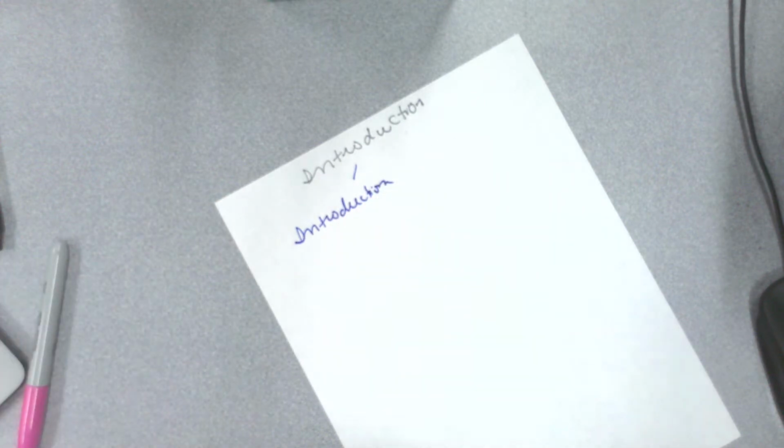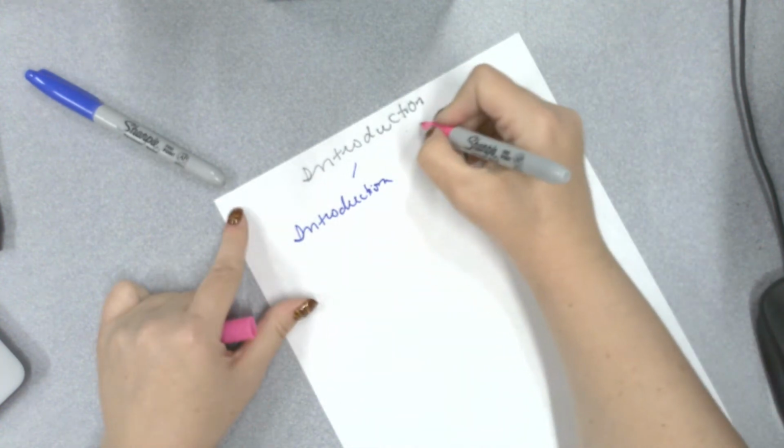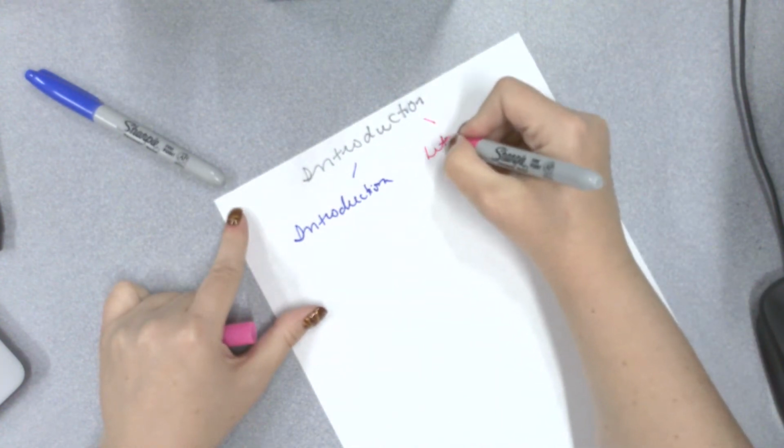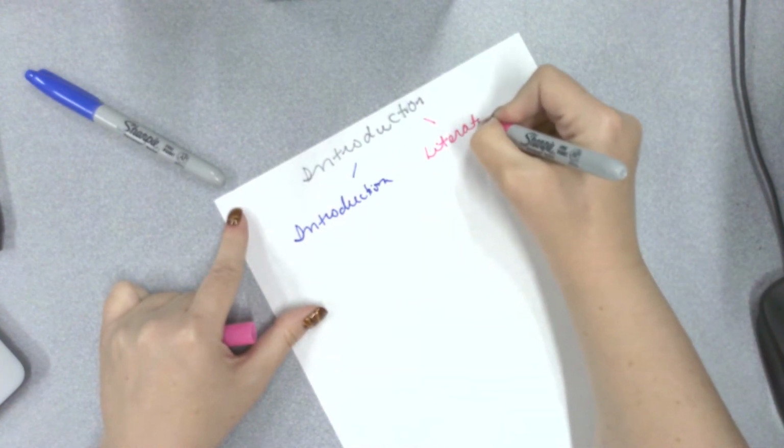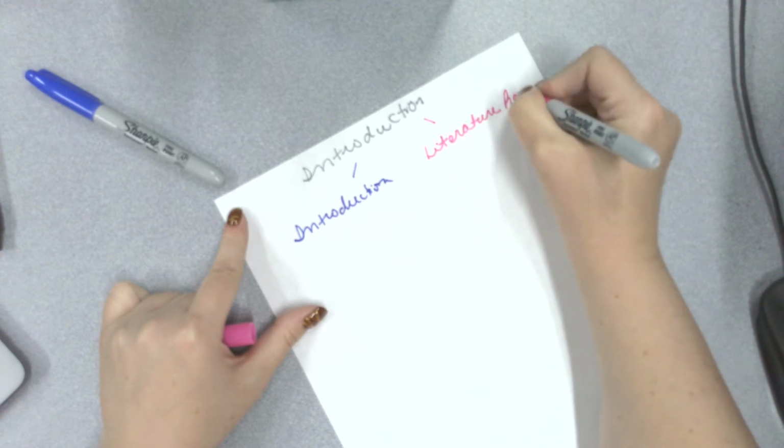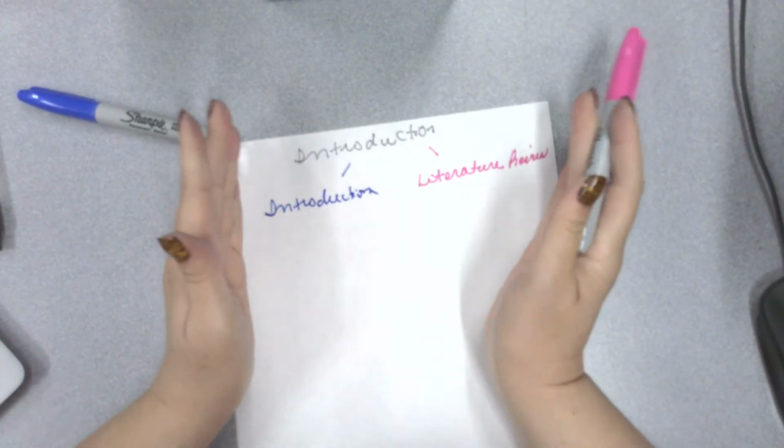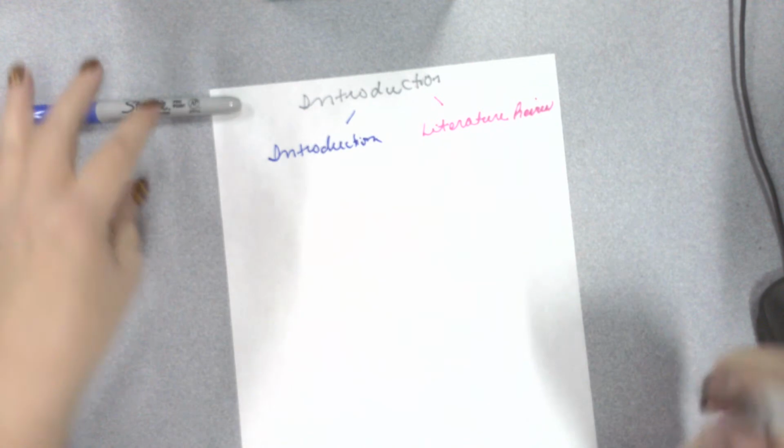And then there is also a literature review. For the purposes of this class, we will be referring to these interchangeably. The introduction means the whole section between the introduction and the lit review for our purposes, okay?